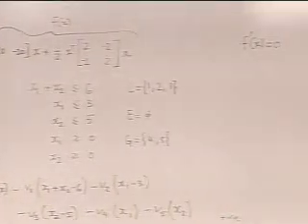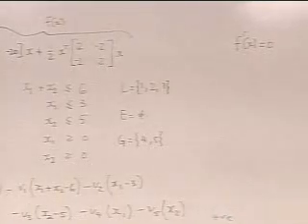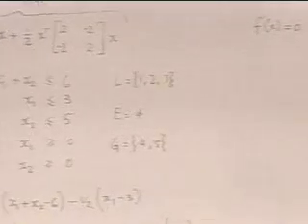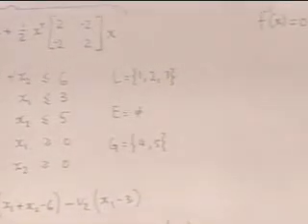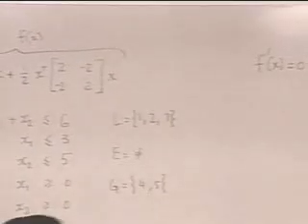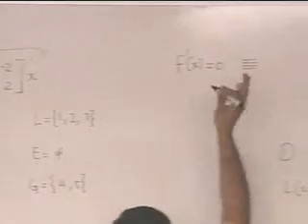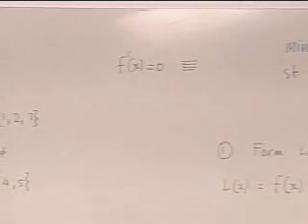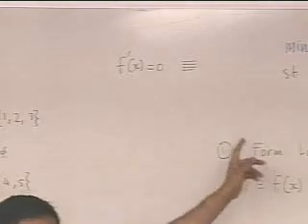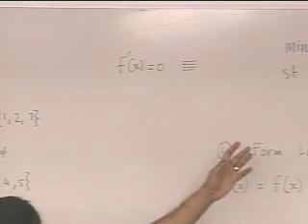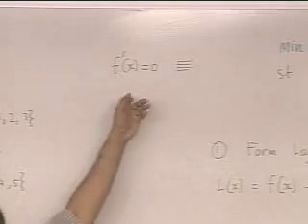If you're talking about trying to find the minimum of an unconstrained one-dimensional problem, the first thing we do is try to get the derivative to be equal to 0. All of these conditions are equivalent to this condition. We have only found the condition that the derivative is equal to 0. And the reason we had to go through all of this mess is because we have constraints, which means that we can't move in certain directions, which have to be accounted for in how you define this condition.